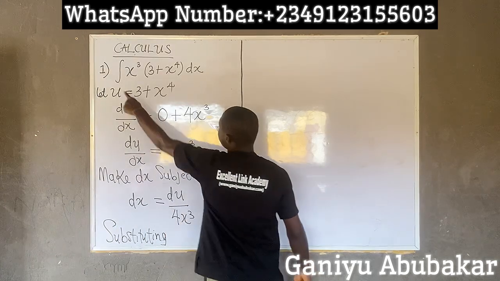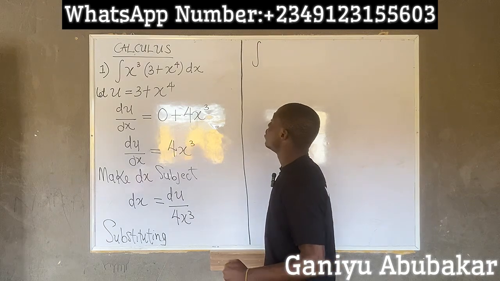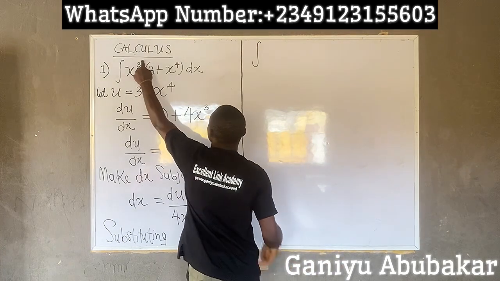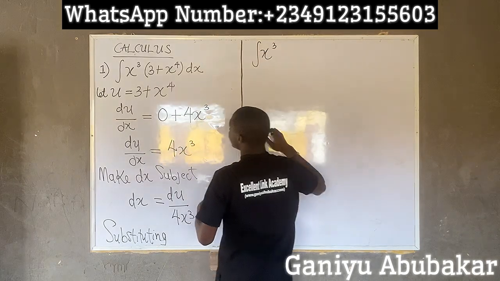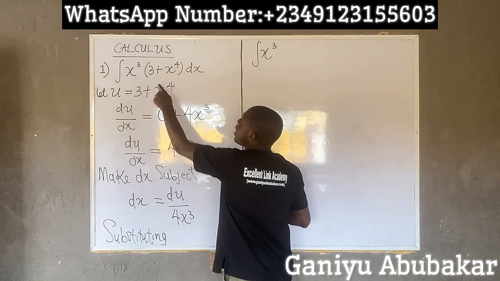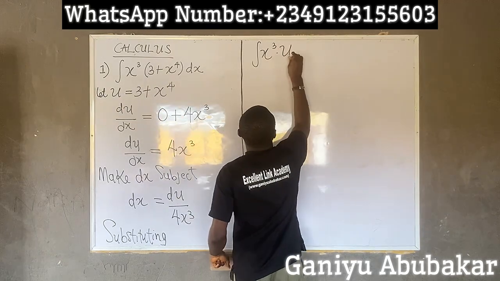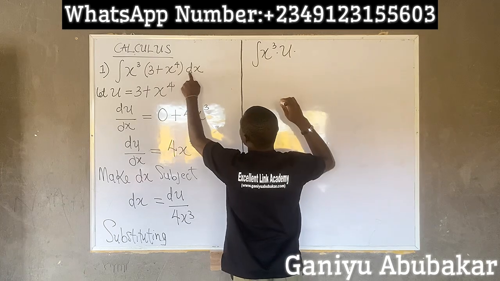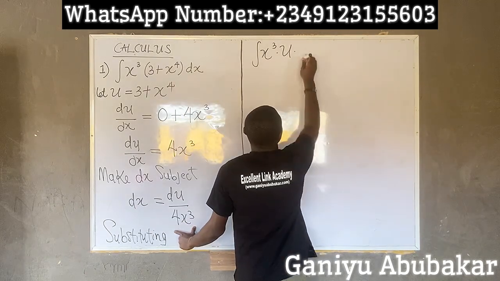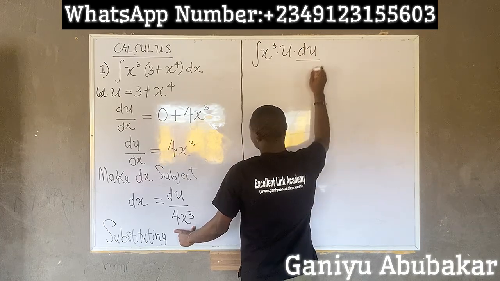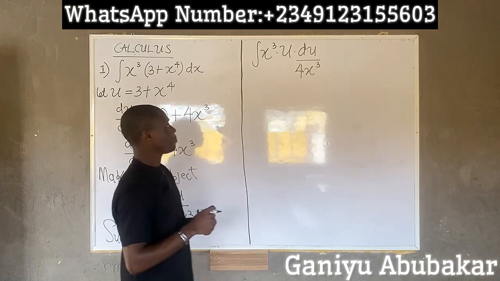I'll have the integral of x cubed, and we have u. What's dx? The dx is of course this, and the value is du over 4x cubed.